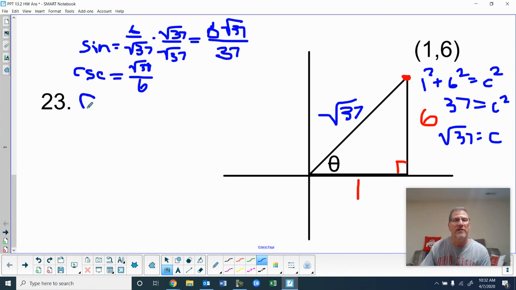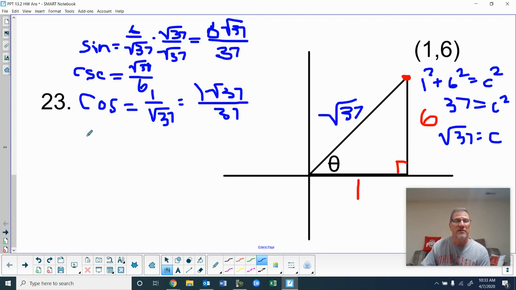Right, and then we've got cosine next of theta. Remember, that's adjacent. Here's theta, so adjacent side over hypotenuse. So that's 1 over square root of 37. And then, remember, we'll rationalize it. So 1 times the square root of 37 over 37 when we finish that.